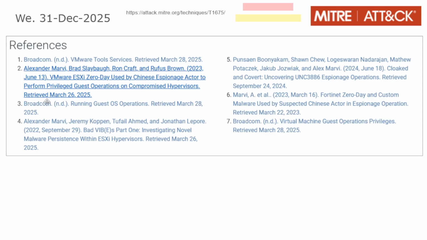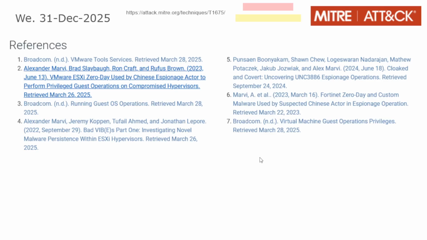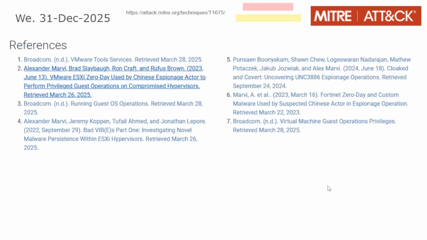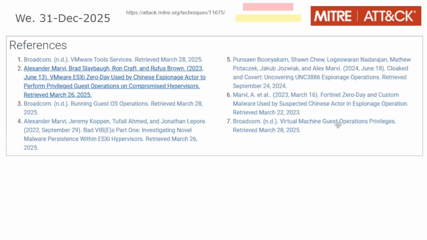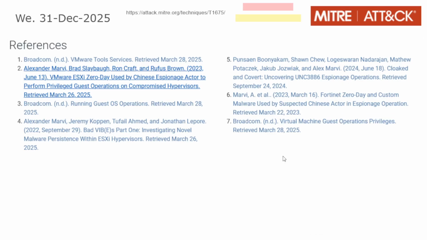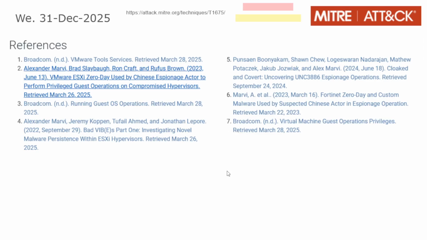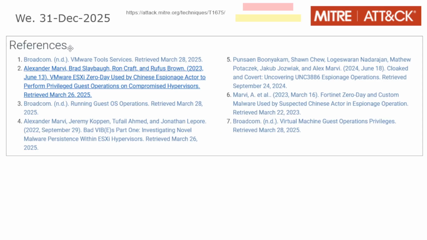Fairly new, March 25. Again, Alexander Mavi. Then we have Cloaked and Covered, uncovering UNC3886. That's espionage. Then you have somebody from Fortinet, and again from Broadcom. So those are vendors most likely. Not most likely, but in most cases.